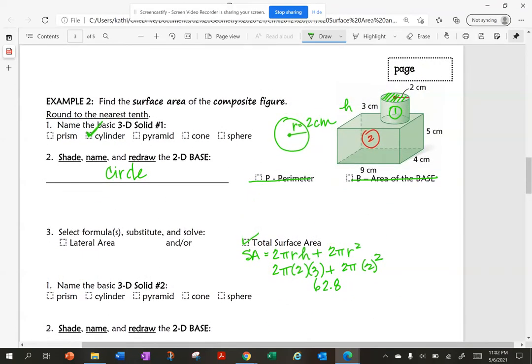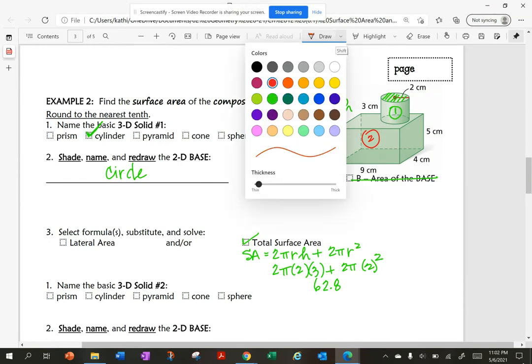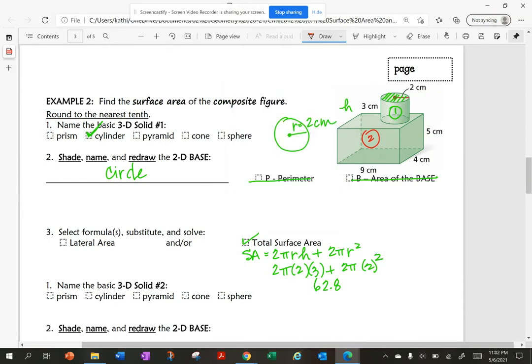All right, so let's look at my second figure. My second figure is a rectangular prism. So I am going to use the bottom and the top as the base. So the bottom is 9 by 4.